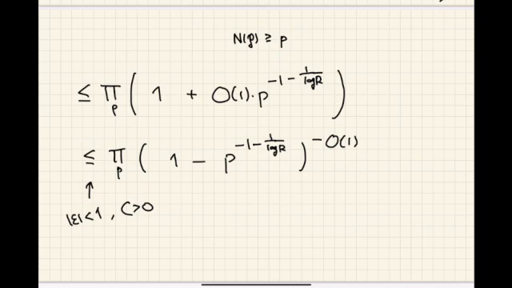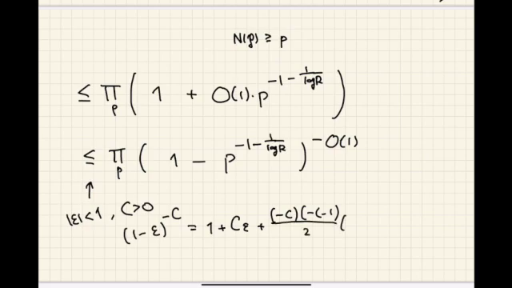we know that 1 minus epsilon to the power of minus c is, by Newton's binomial law, the first term, and the second term is the binomial coefficient times epsilon.